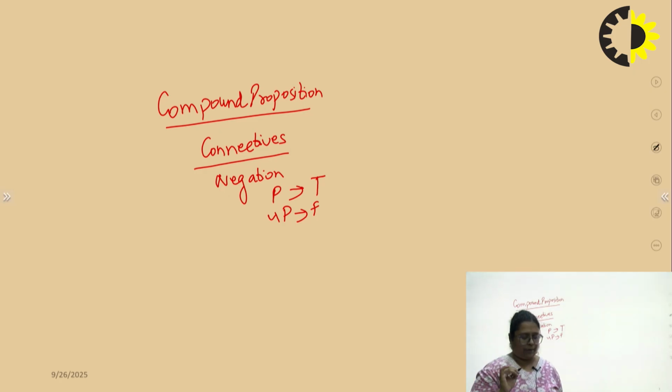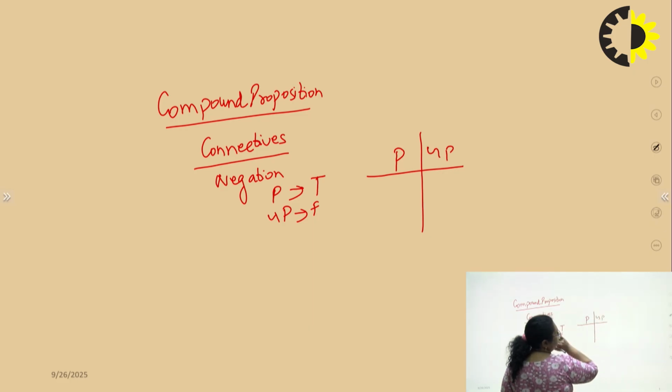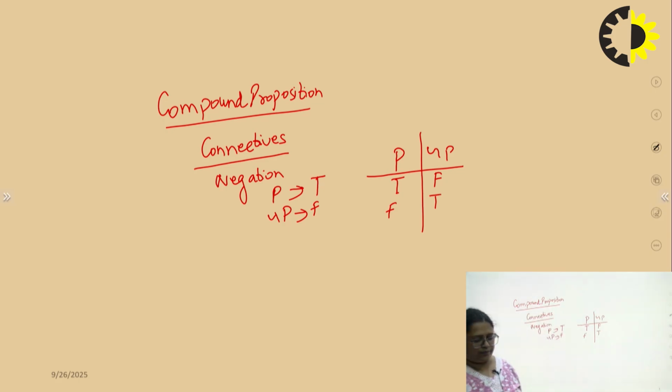If we form a truth table for negation, we have a proposition P and its negation denoted by not P. If P is true, the answer will be false, and if P is false, its negation will be true.